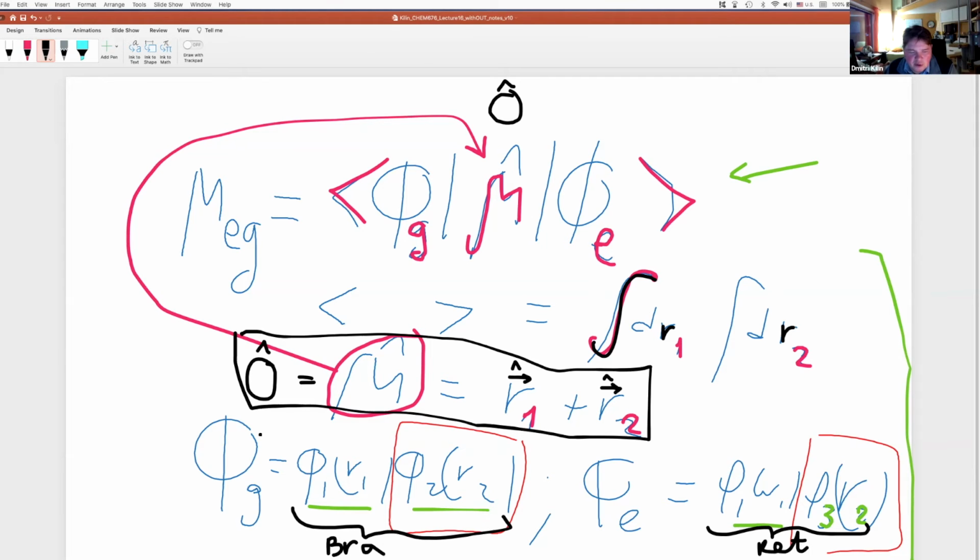For bra I probably should put a star. So in bra and ket, the first electron resides on the first orbital and doesn't change. But the second electron jumps from orbital 2 to orbital 3. So there is a difference between bra and ket before and after excitation.